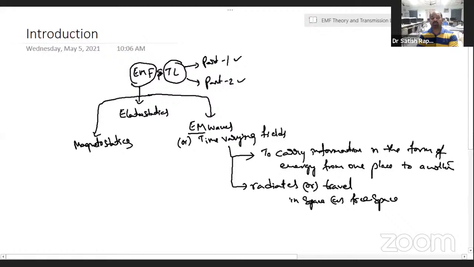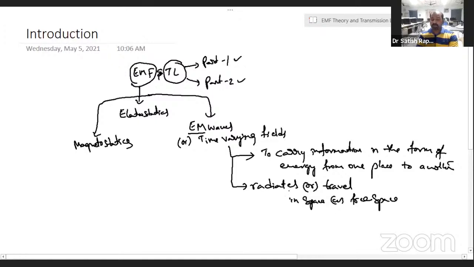Not only do they travel in free space, they also travel in dielectric media, and they also travel in conducting media or different media. How the characteristics of EM wave change in different media, those things we will discuss later.